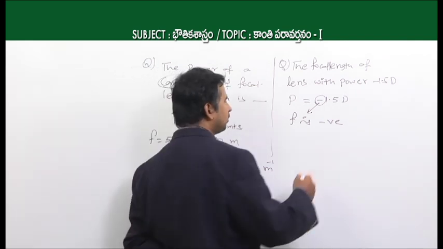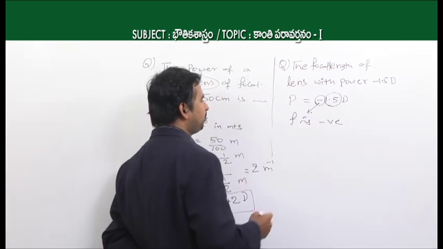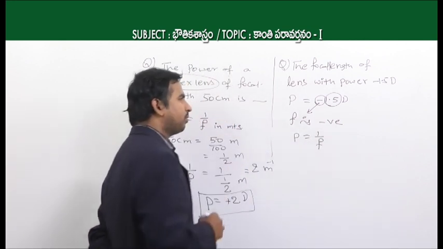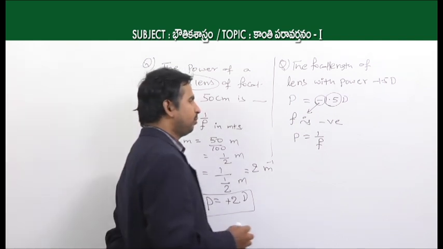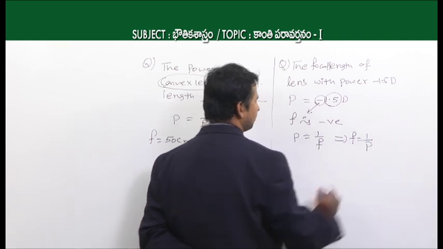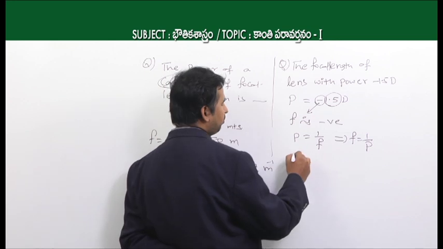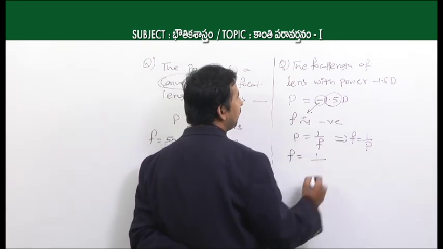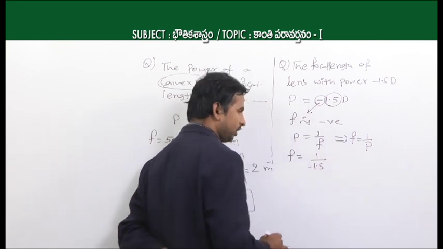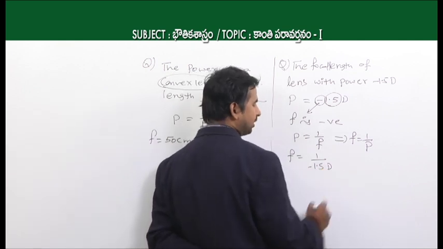Now for the magnitude, which is 1.5, we know that power P is equal to 1 by F. Here the power value is already given, so we can write F is equal to 1 by P. Then the focal length F is equal to 1 by minus 1.5 diopter, where diopter is equal to meter inverse, the reciprocal of the meter.